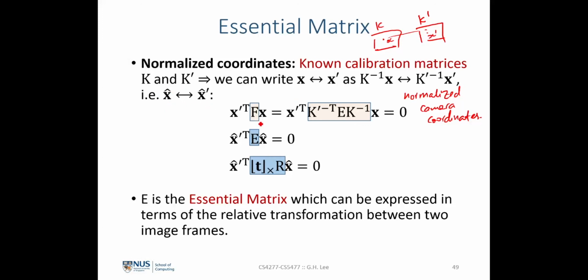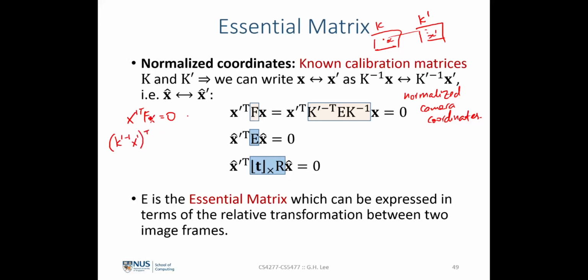So now let's substitute these normalized camera coordinates into the correspondence equation of the fundamental matrix that we have seen earlier on: x prime transpose F x equals 0. Since we know the camera intrinsic values, we can replace x prime using K prime inverse multiplied by x prime, and transpose of this.